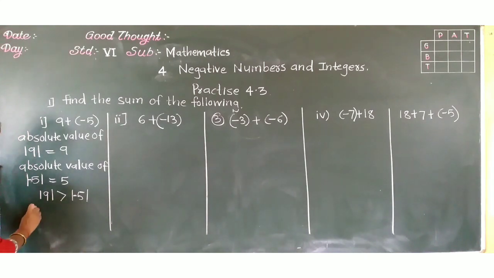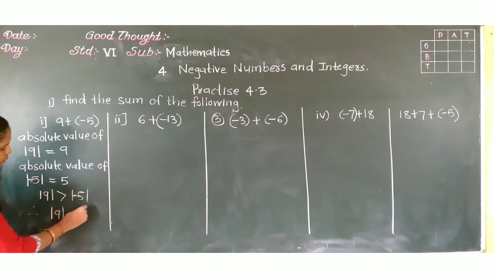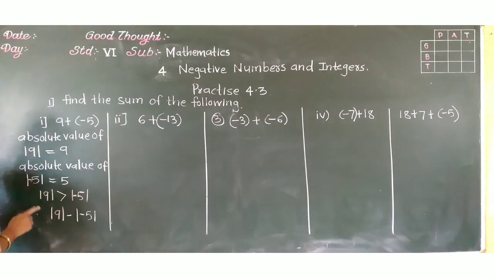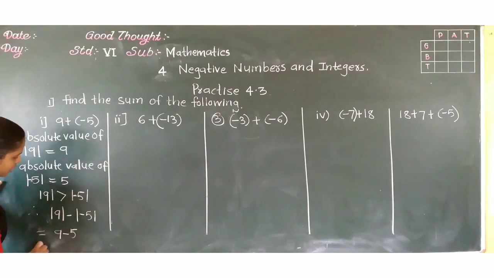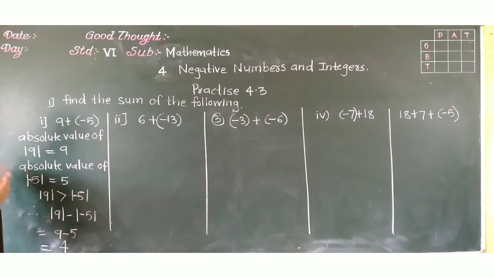Therefore, we have to subtract the absolute values. And what is the sign of the greater absolute value? Plus. So 9 minus 5 is 4. It will be positive because the greater one is 9, and its sign is plus. So the answer will be plus 4.